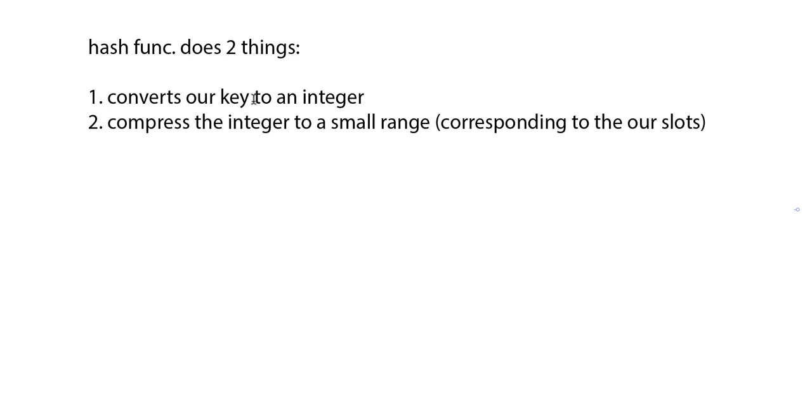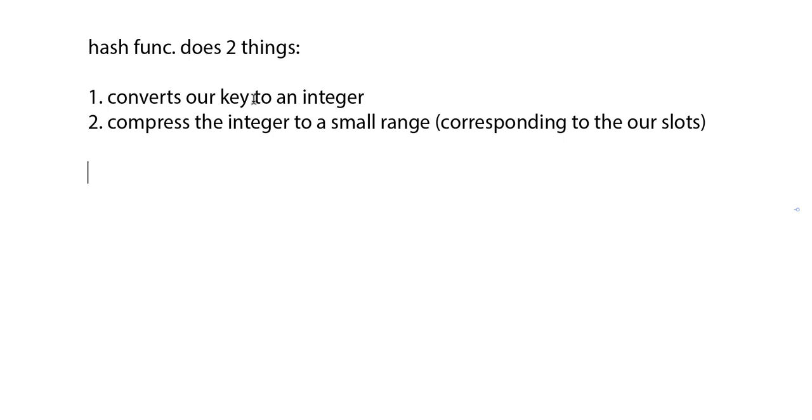So if we have 0 to m minus 1 as our range of indices, then it needs to compress the integer we get to being an integer within that range from 0 to m minus 1, so that it corresponds with some index in our table.